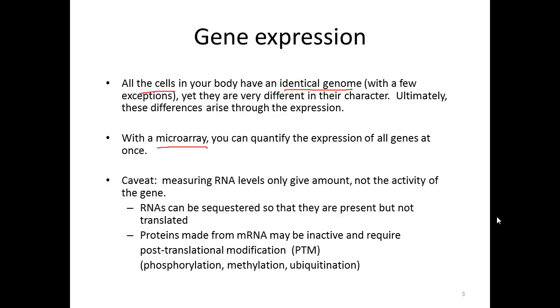In one case, RNAs can be made but not active because they're being bound by other proteins or other RNAs. So they're ready to go if needed, but they're not being used at the moment. Secondly, we know that proteins are really the molecular machines that do most of the work of the cell, and they can be active or inactive based on post-translational modifications or, again, lots of other factors.